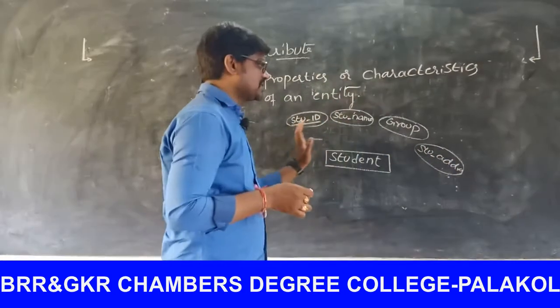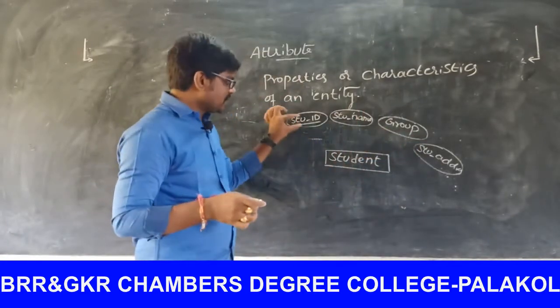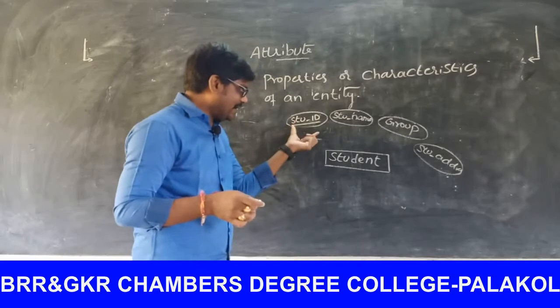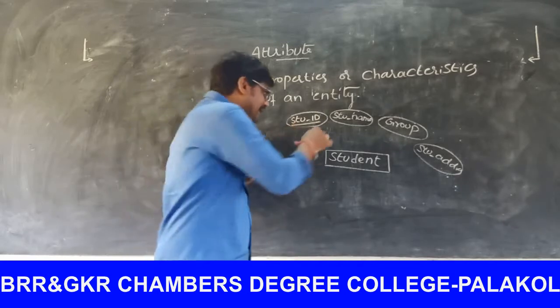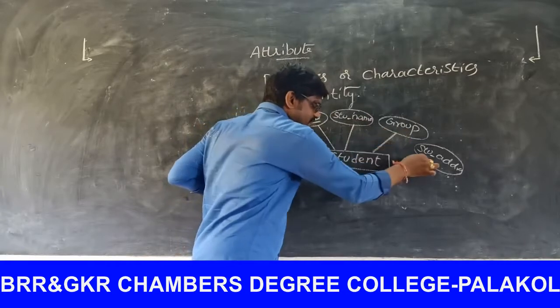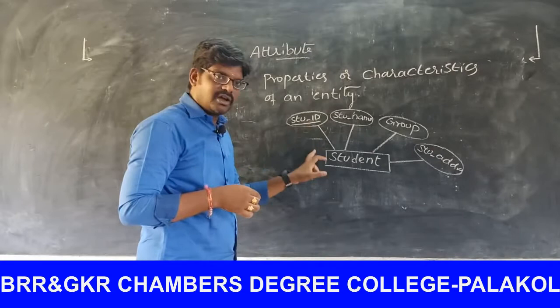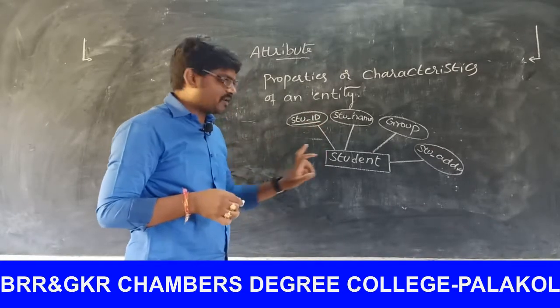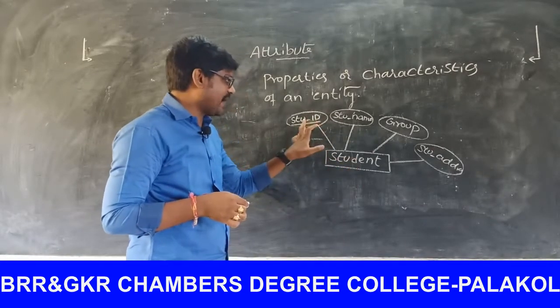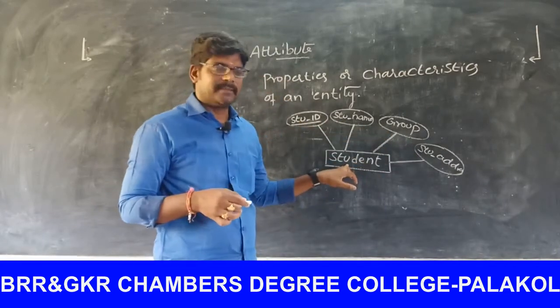So these are some of the attributes of the student. The entity and the attributes are connected by a line. Every entity has some attributes.